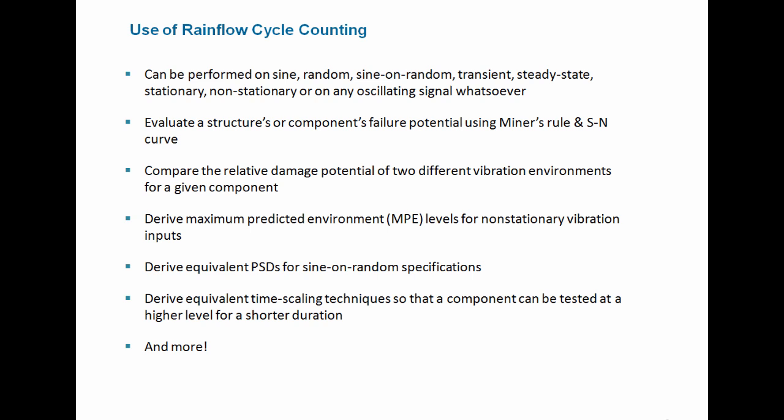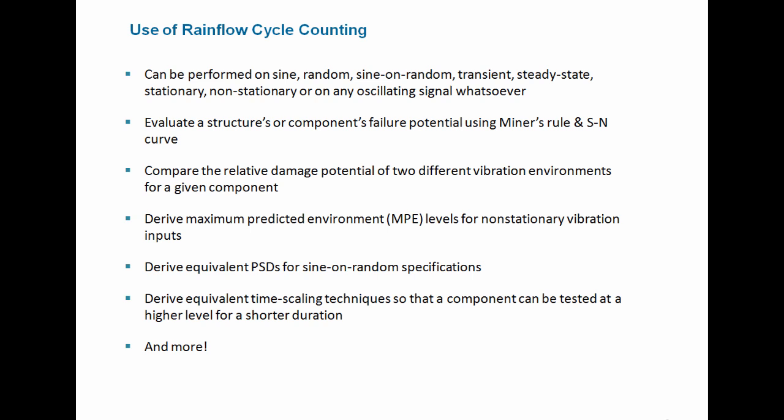We can also use the rainflow cycle counting method to derive the maximum predicted environment, or MPE, levels for non-stationary vibration inputs. Furthermore, let's say we have a sine on random type of specification. And this might be for, say, a helicopter, or whatever you might have.